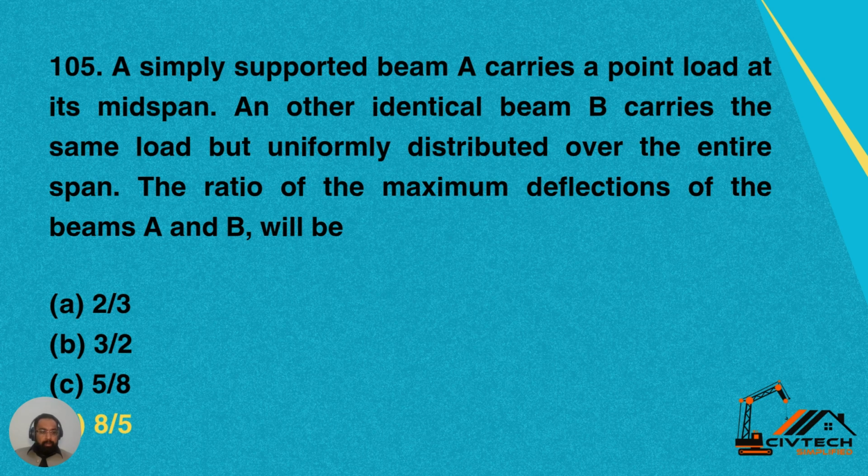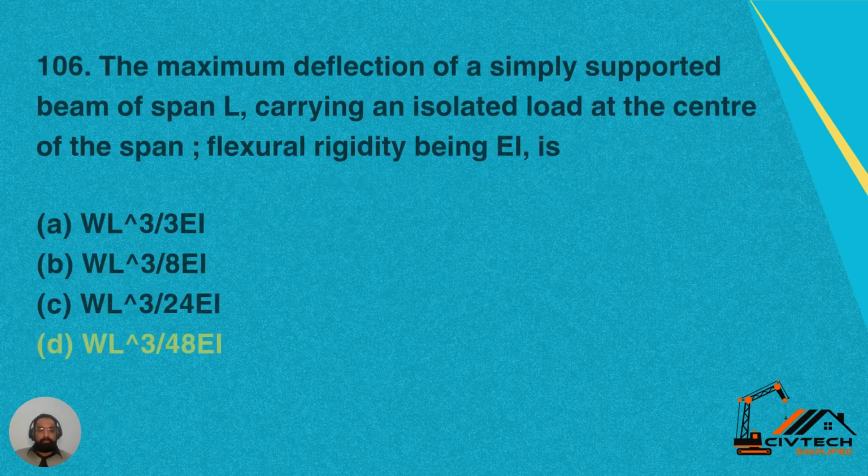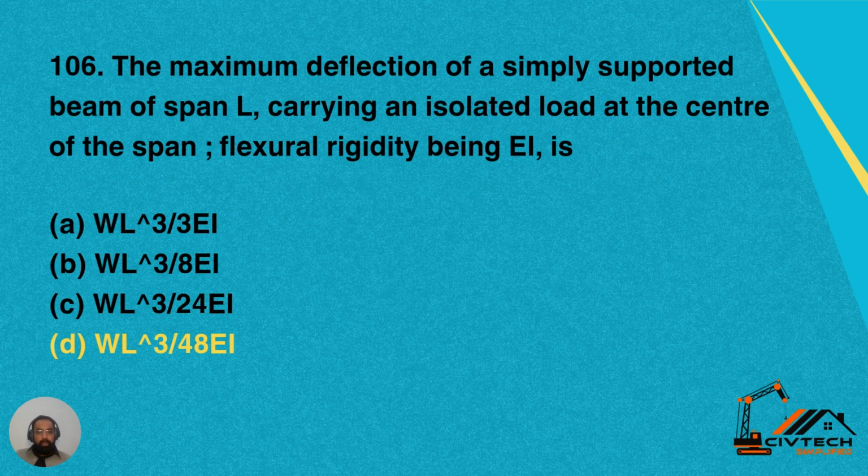Length of both beams are same and the section is same. So the ratio of the maximum deflection of the beam A and B would be option A 2 by 3, option B 3 by 2, option C 5 by 8, option D 8 by 5. So the ratio would be 8 by 5. D is the correct answer for this question.